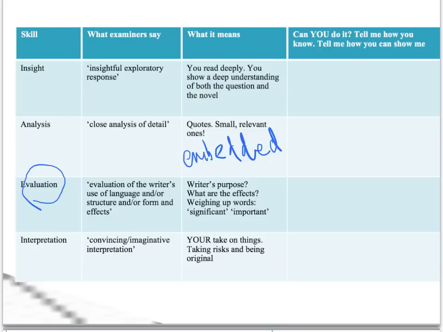We're talking about evaluating, weighing up, and making judgments about purpose, effects, using weighing up words such as significant, importance, whether something's critical to the plot. And the 4th skill I'm going to focus on is interpretation. They want to see convincing, imaginative interpretations, and that's really just summed up as your take on things, being original.